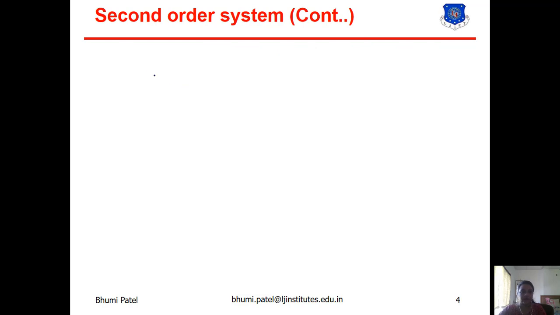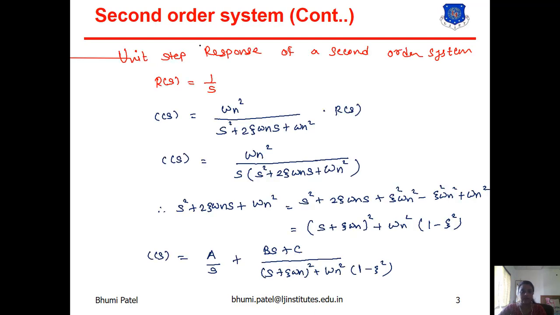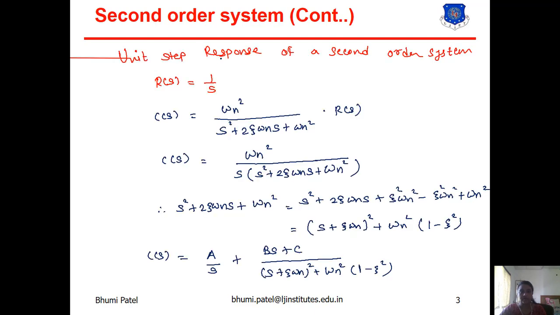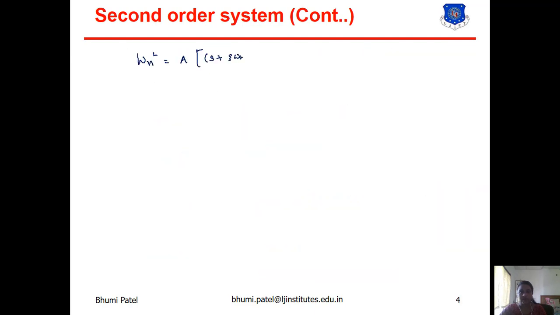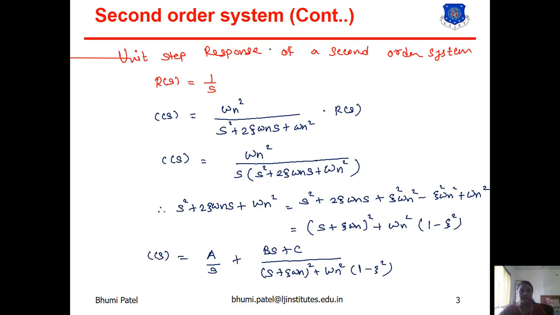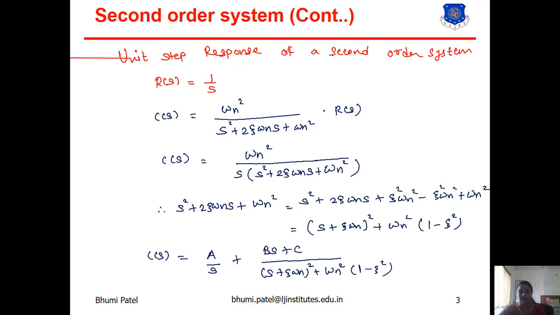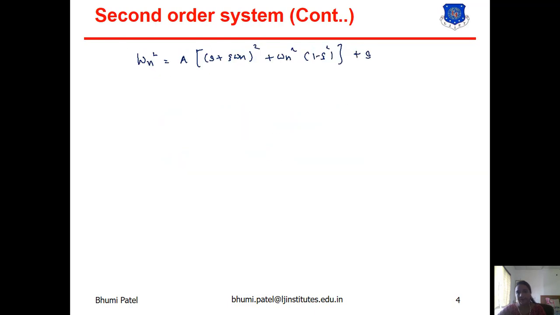So we can get omega n square is equal to A in bracket S plus zeta omega n whole square plus omega n square 1 minus zeta square, plus S times Bs plus C. Now simplify this equation and equate with omega n square.